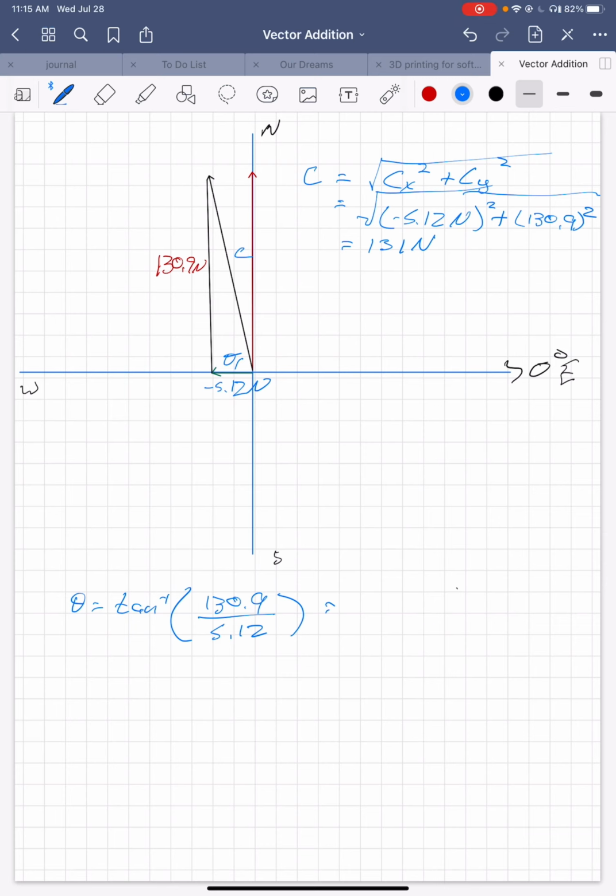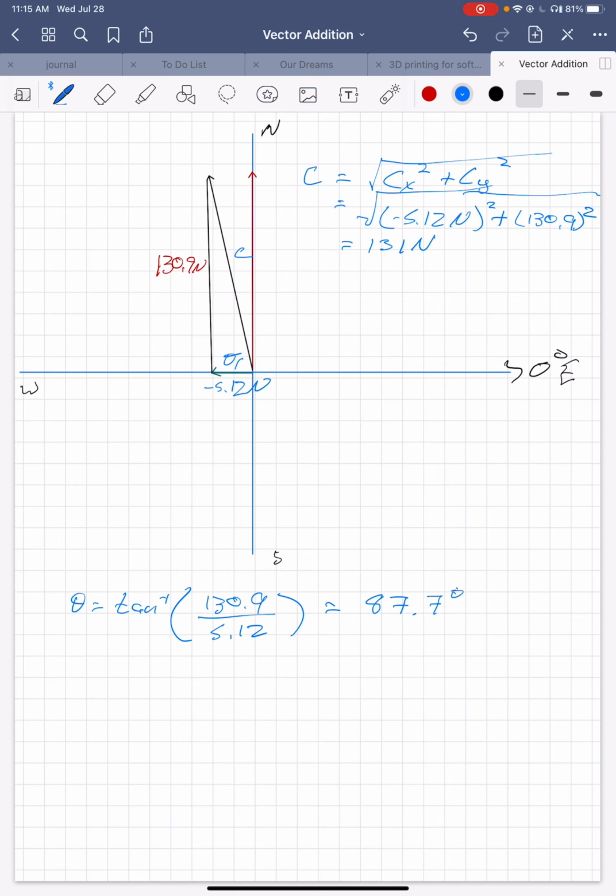Okay, and I use all positive values. And when I do that, I get 87.7 degrees.